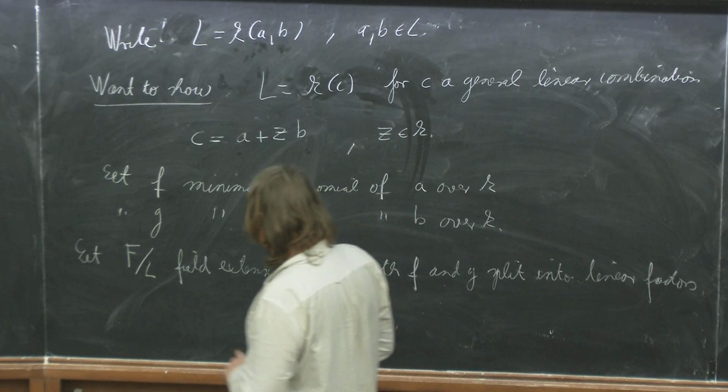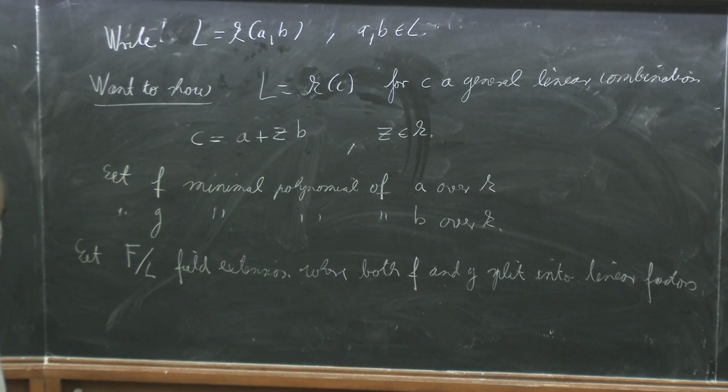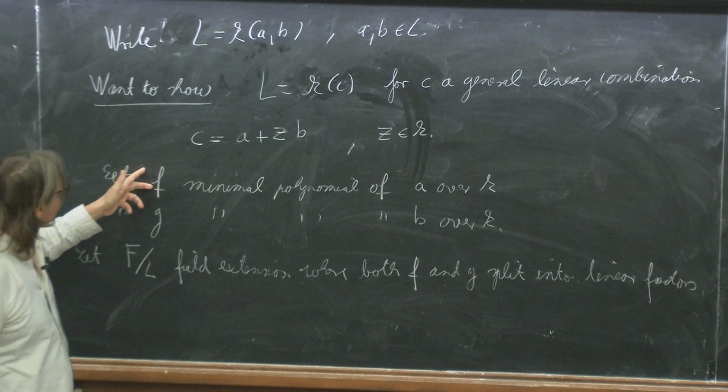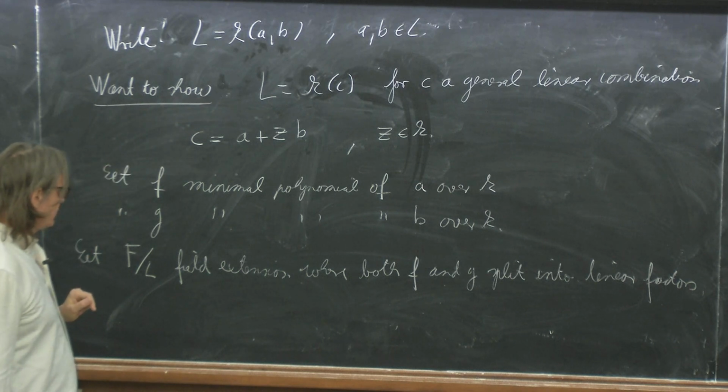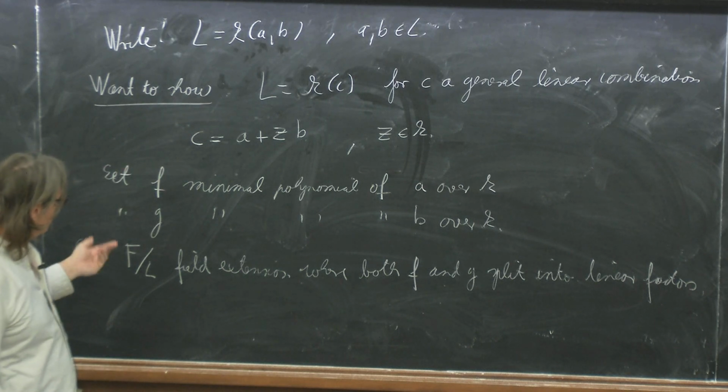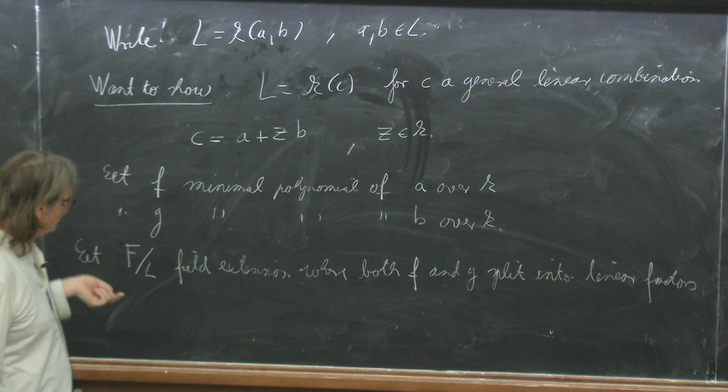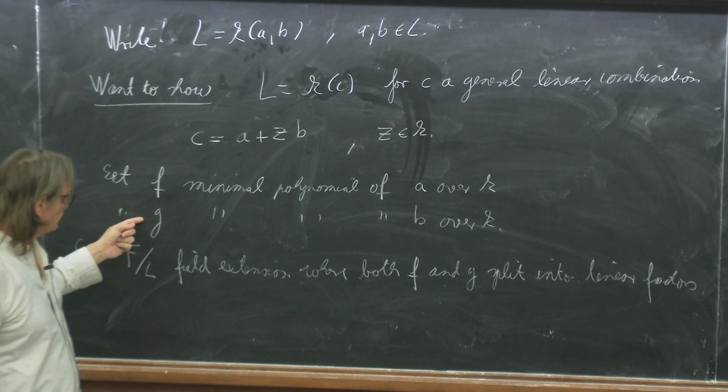So we could, for instance, first take the splitting field of f over L. Then f splits there, and then over that field, we take the splitting field of g.